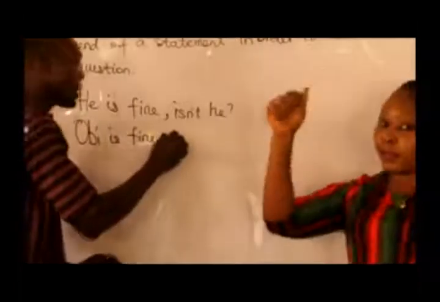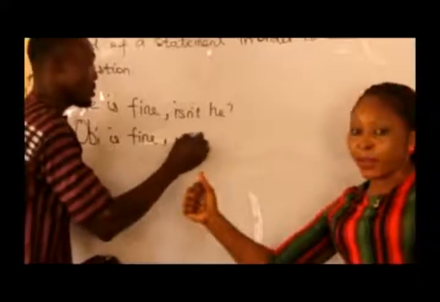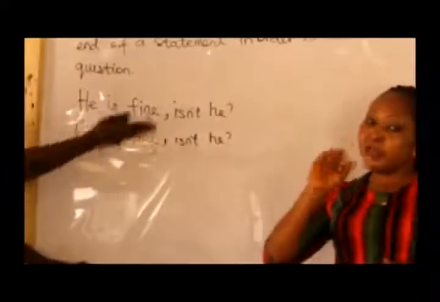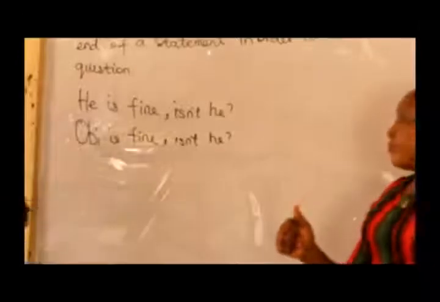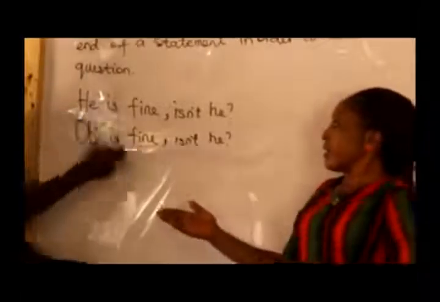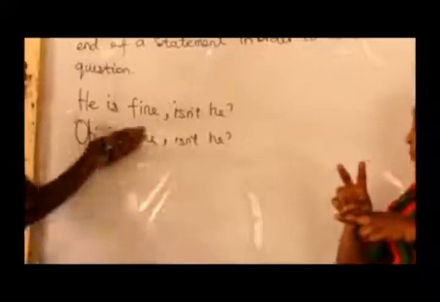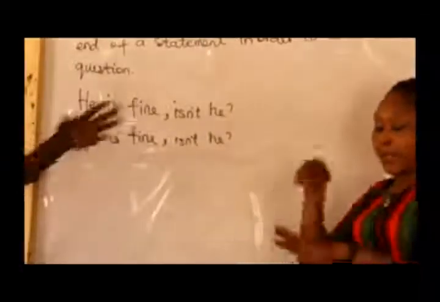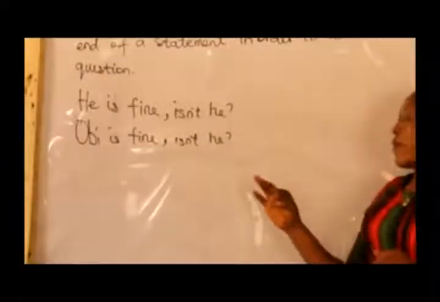So what do we say again? The same thing, isn't he? Tag. When we take the operator and then we use a verb and we put it at the end of a statement to get our tag. Alright.